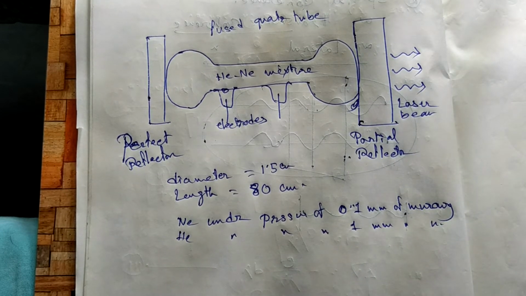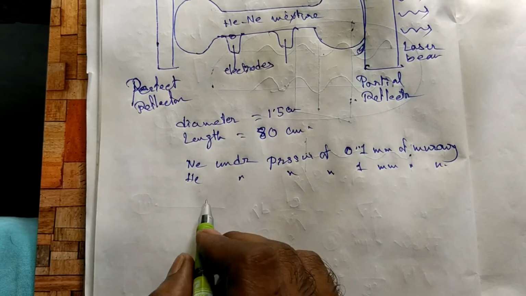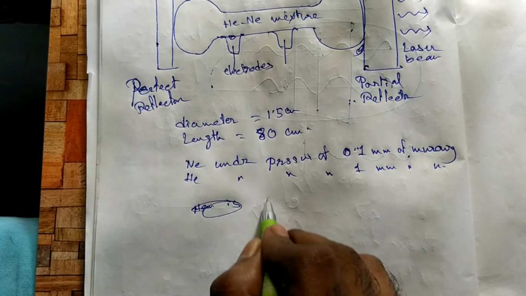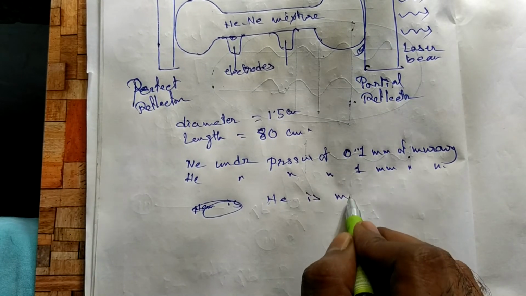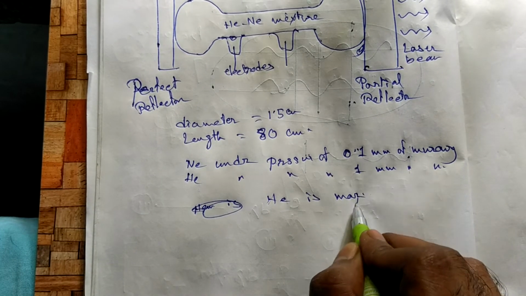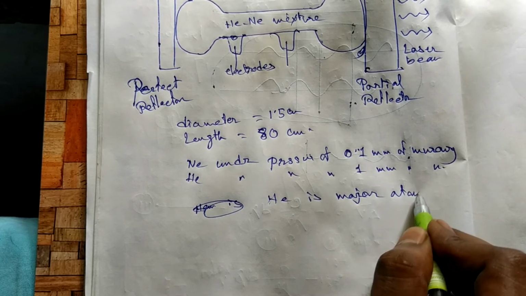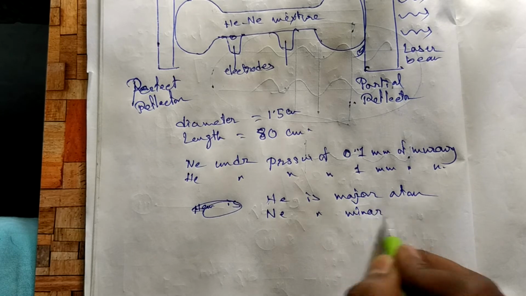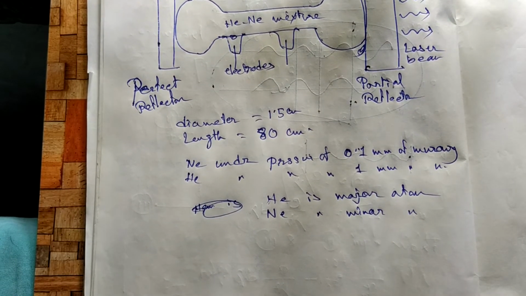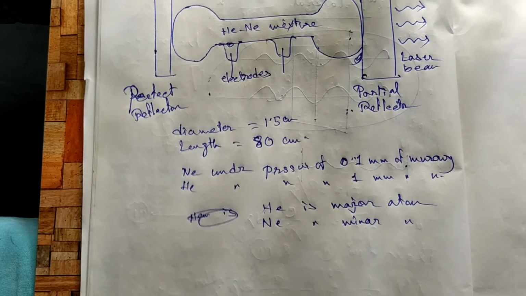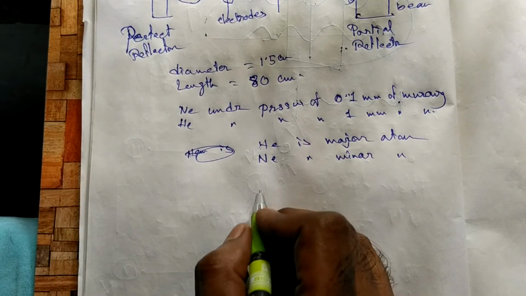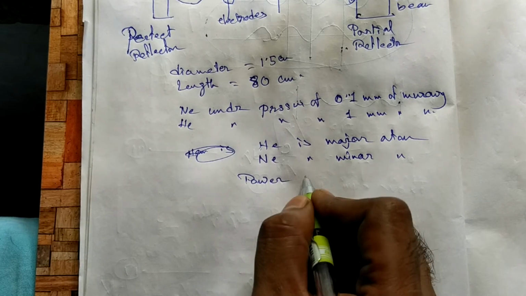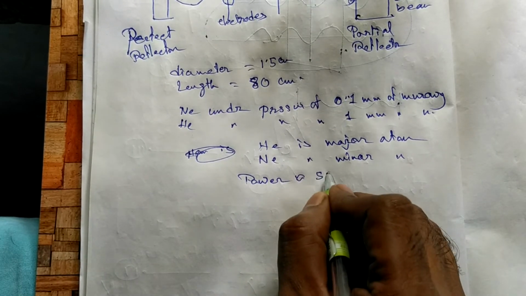So we can easily say that helium is the majority atom, and neon is the minor atom in the construction. The power produced by this laser is approximately 50 watt.